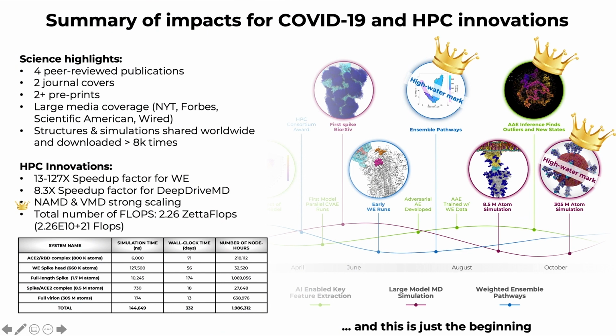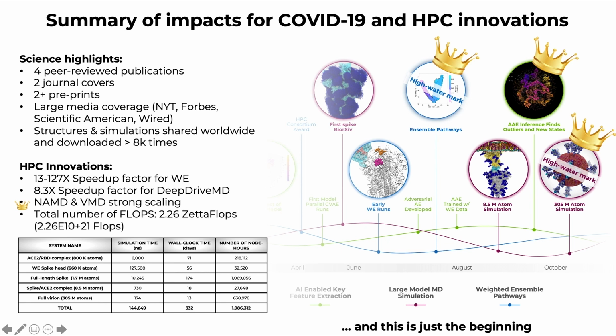In addition to the science highlights I just discussed, there's also a number of HPC innovations that set this work apart. The publications, the journal covers, the large media coverage, and the data sharing, and then coupled with the HPC innovations. We showed 10 to 100x factor speedups for weighted ensemble simulations and the DeepDriveMD workflows. We showed excellent scaling of NAMD and VMD to nearly the entire Summit machine.